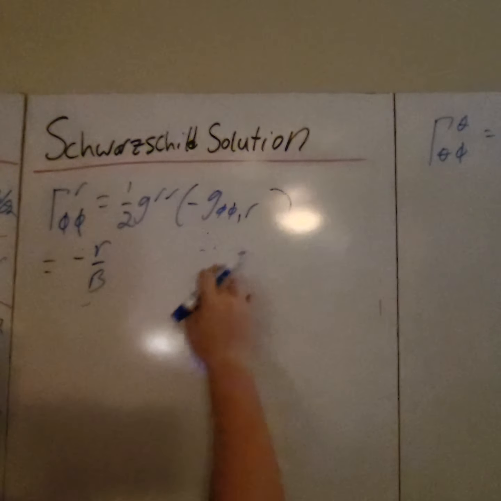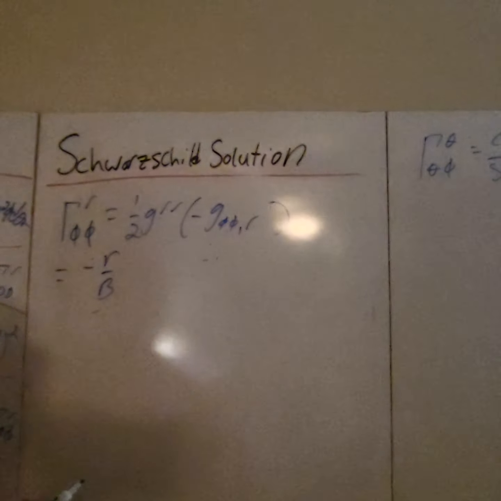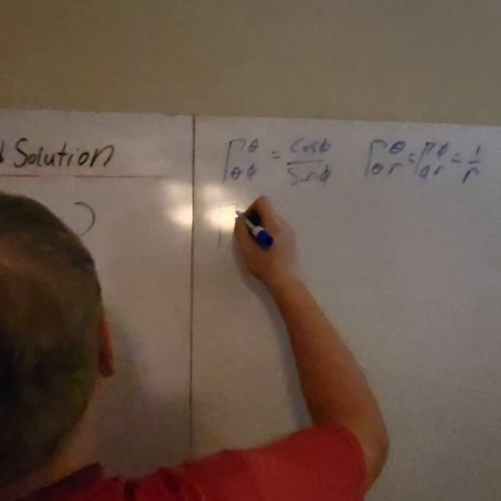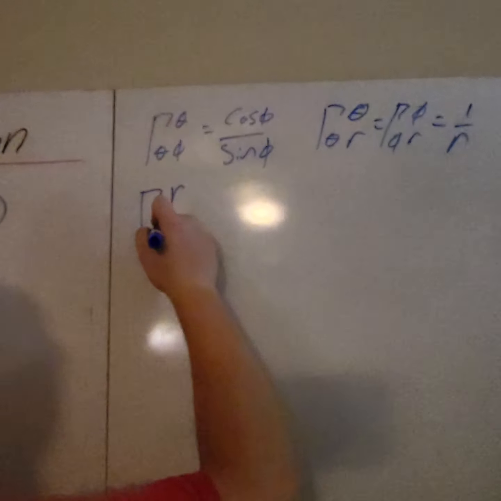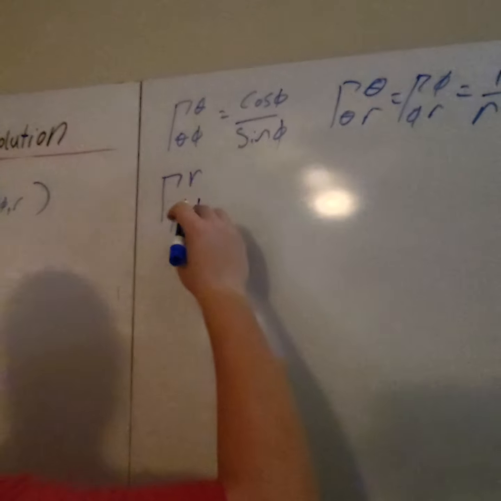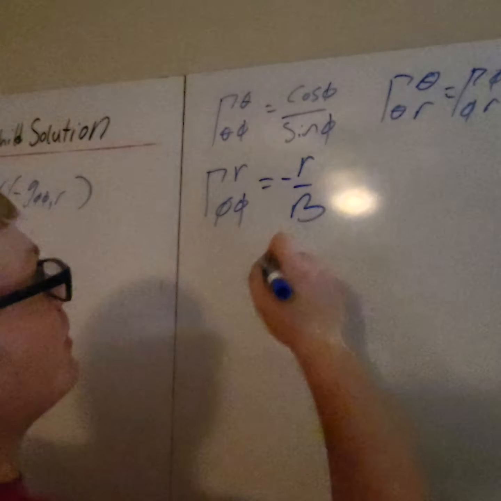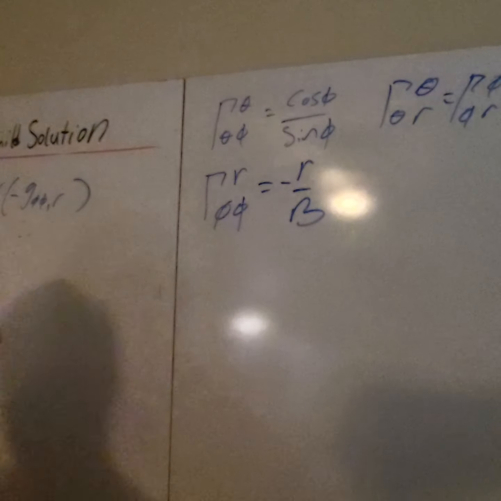Yeah. I did do myself in a little bit by using that metric signature, but I could have stopped myself, but I didn't. Alright, negative r over b.